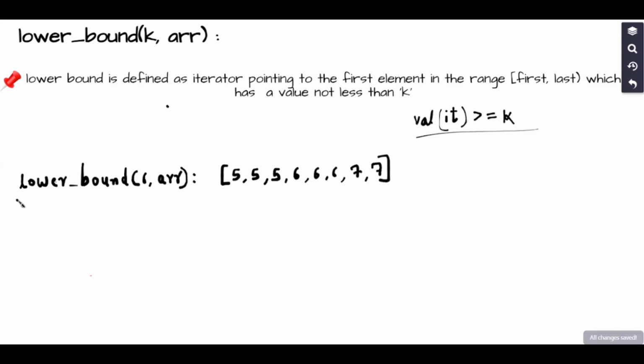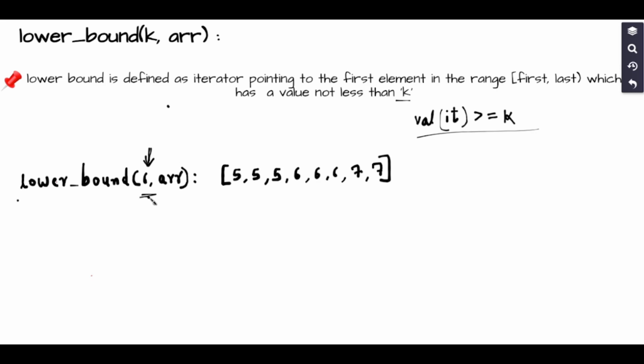For instance, let's say we have this function lower bound where we pass in the integer k, which is 6 here. We want to find the very first position where we find our element not less than 6.